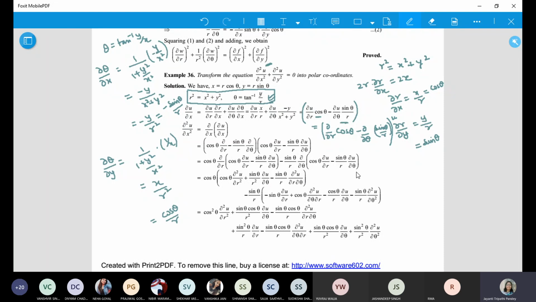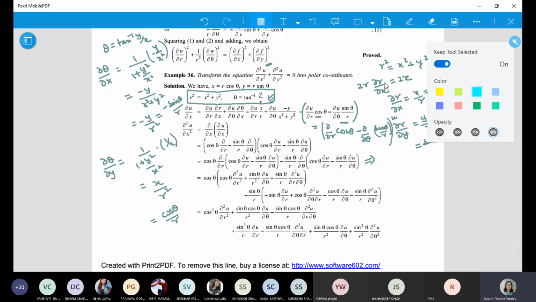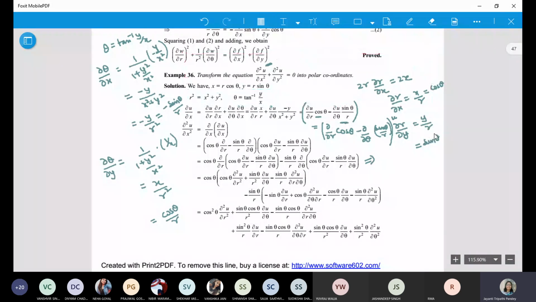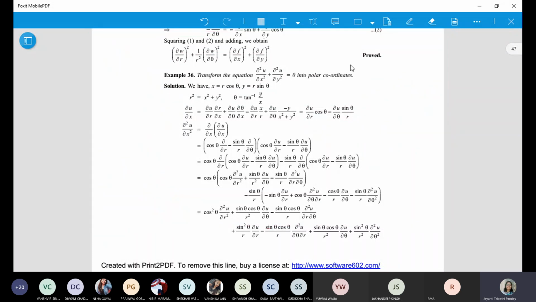I want you to understand this part. Just see whether you are able to comprehend or not. I am removing this part so that I get space to write. Is this okay? You have understood the constituents. I want you to understand how this is being done.